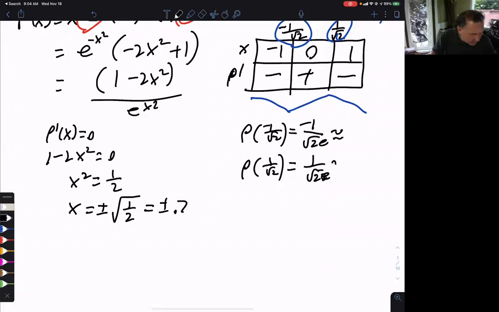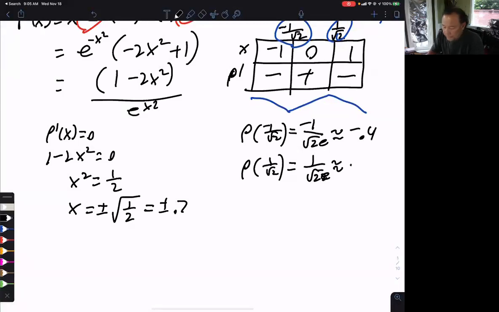And if you get the approximation of that, it's going to be a small number. You know what? I'm going to have to do that in my calculator because I'm not seeing it. Let's do a calculator. 1 over radical 2e, 0.4 approximately.